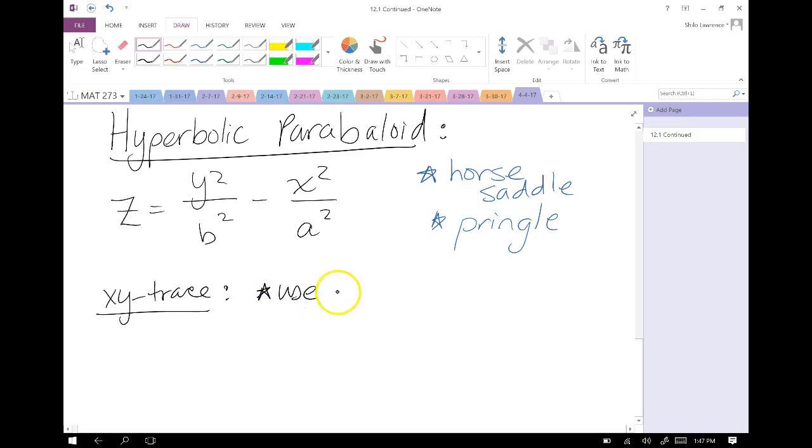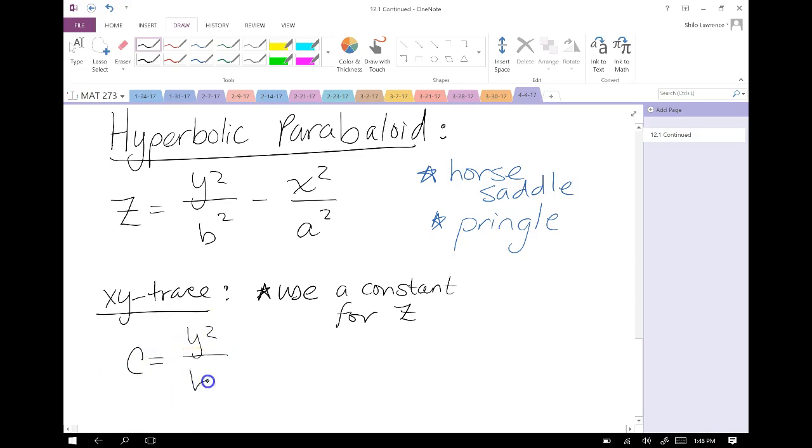Use a constant for Z. It's not an ellipse because of the subtraction. It's going to be a hyperbola because whatever the Z value ends up being, we can divide it over to make it a 1. Why? Because it's negative.